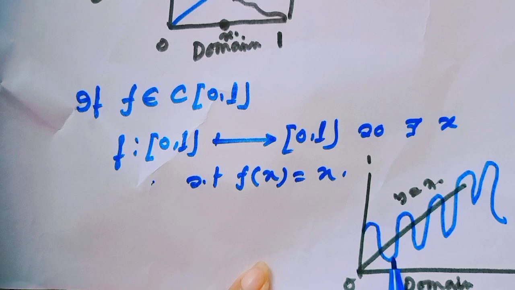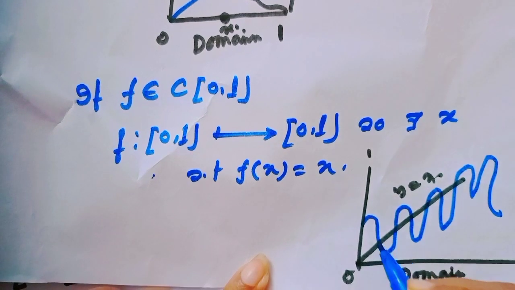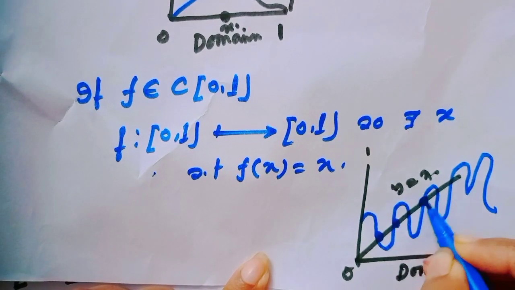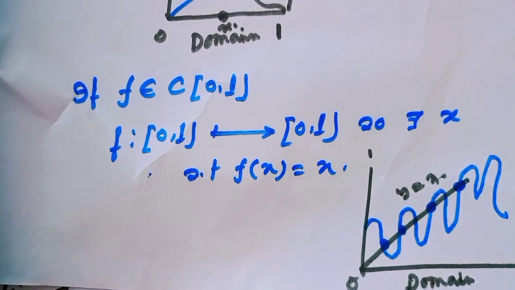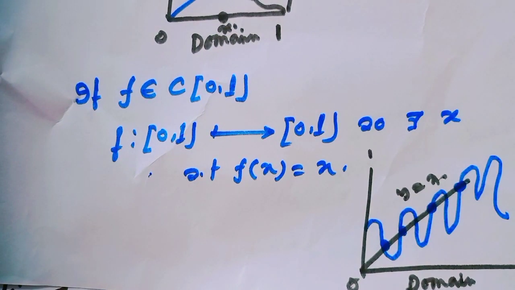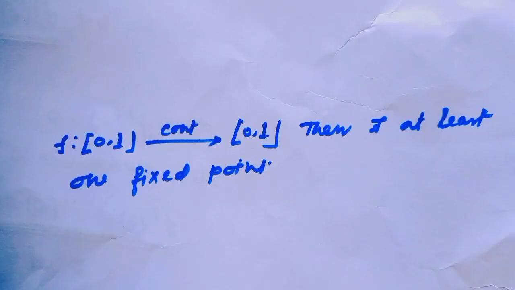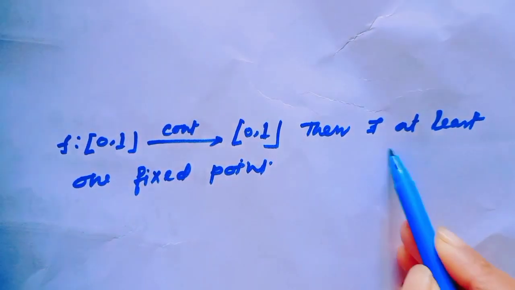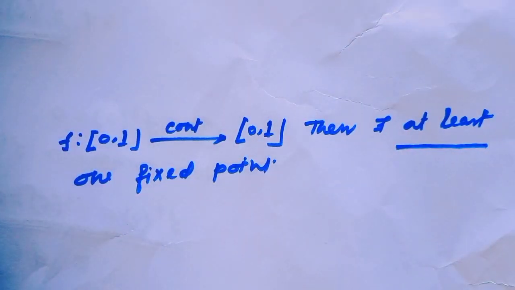This is a continuous function on the interval [0,1], and this point is the fixed point. Okay? Well, all of us know these rules. If f is a continuous function from the closed interval [0,1] to the closed interval [0,1], then there always exists at least one fixed point.